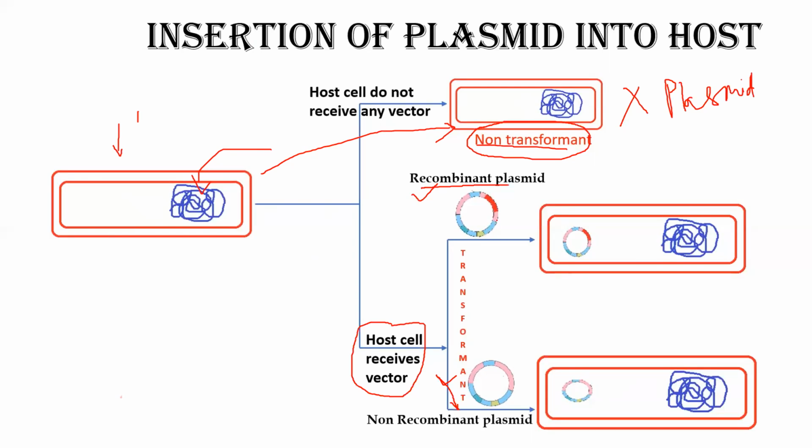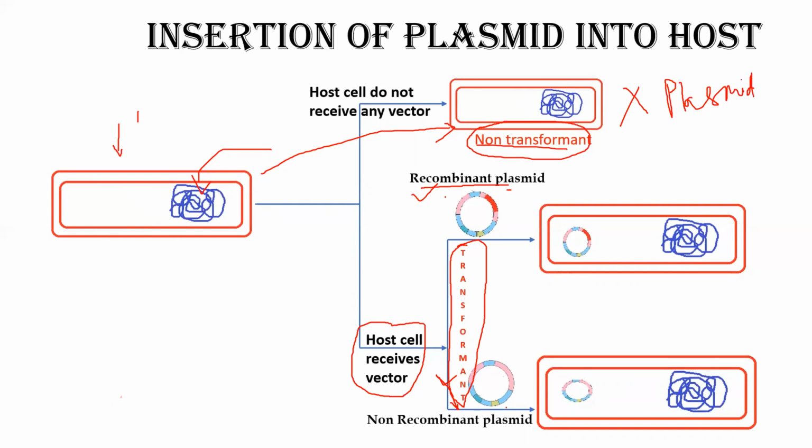In either case, whether it receives this plasmid or this plasmid, we will call it a transformant because some change has taken place, isn't it? Firstly, it was not having a plasmid. Now it is having a plasmid. So some change has taken place, and therefore we will call it a transformant, right?